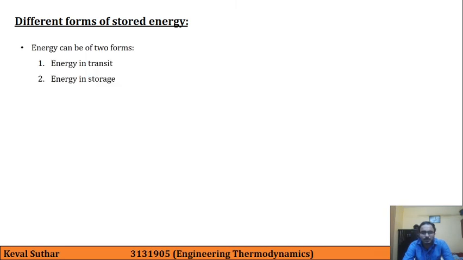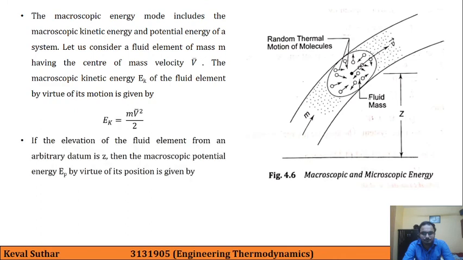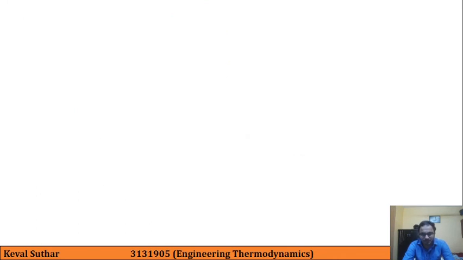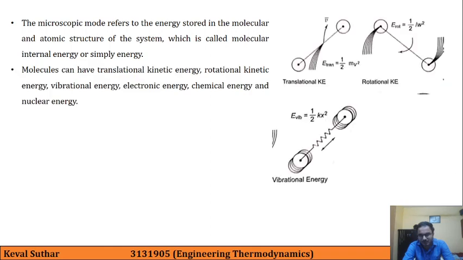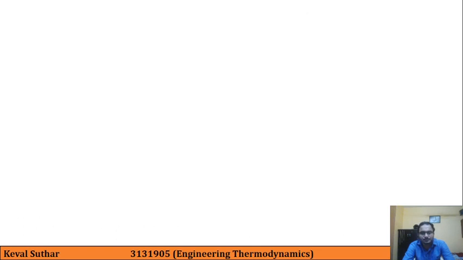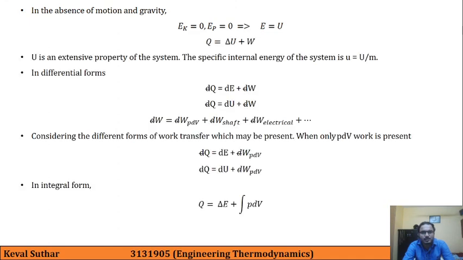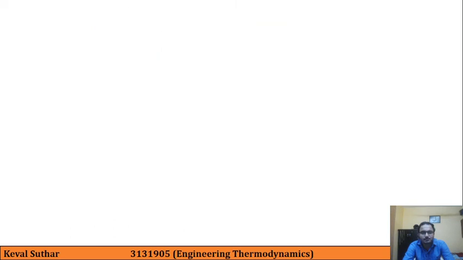Then we studied different forms of energies: kinetic, potential energy, then the energy at the microscopic level, and this is the total energy E. And these are various forms of equations of the first law of thermodynamics.